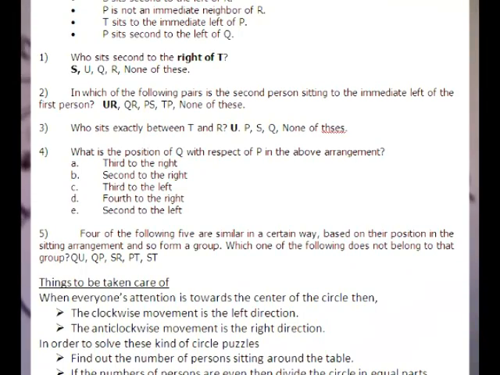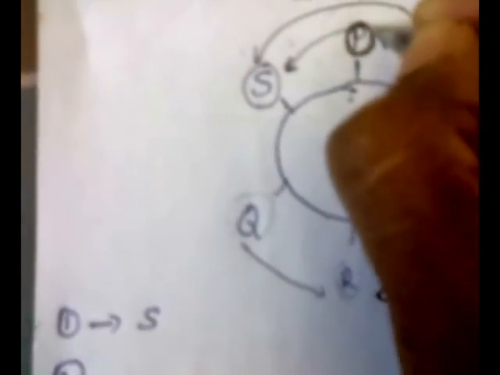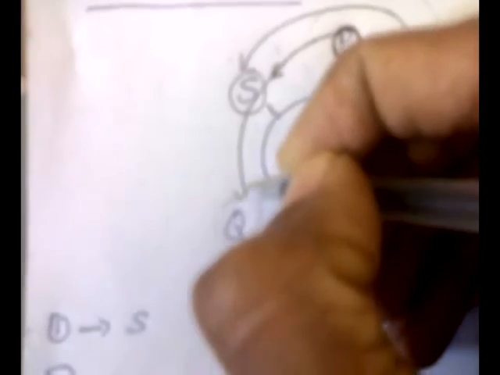Now the fourth question says, what is the position of Q with respect to P in the above arrangement? Means Q is where with respect to P, so we will move from P first in anti-clockwise direction. Let's say in anti-clockwise direction it's in second position, right?